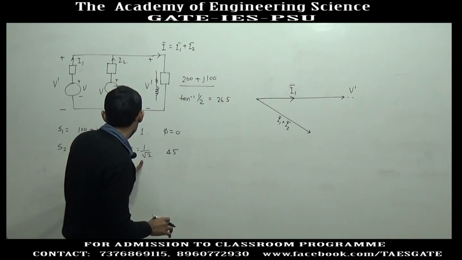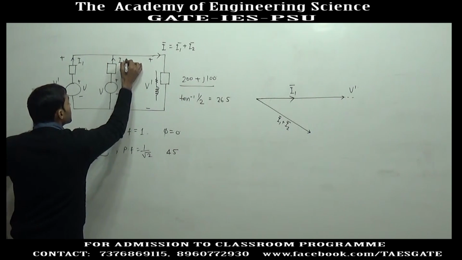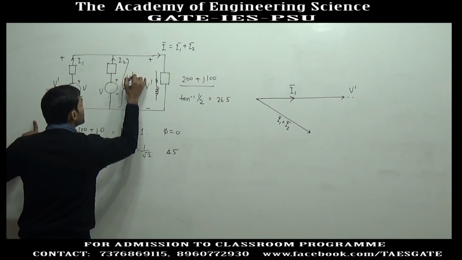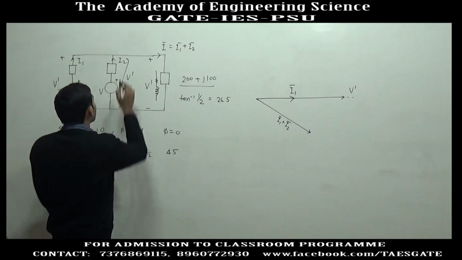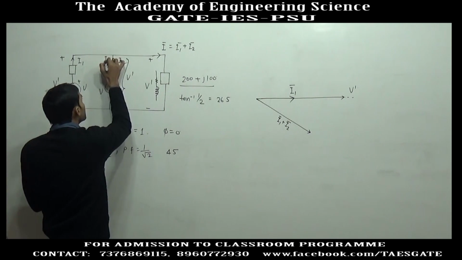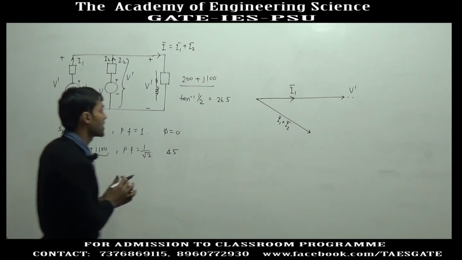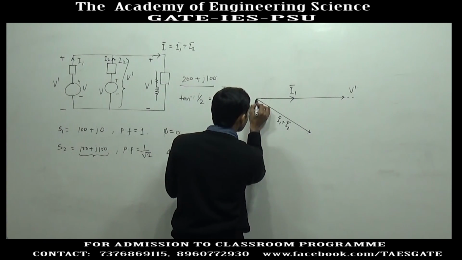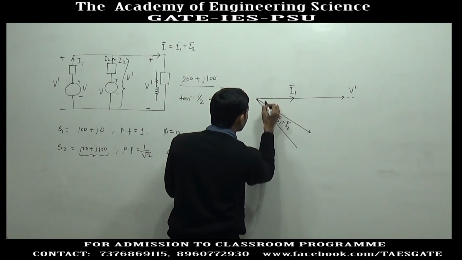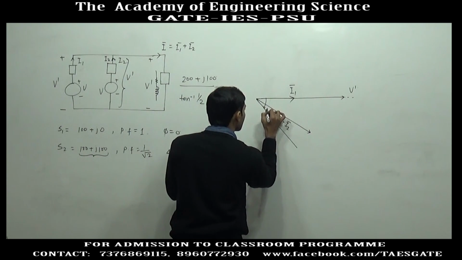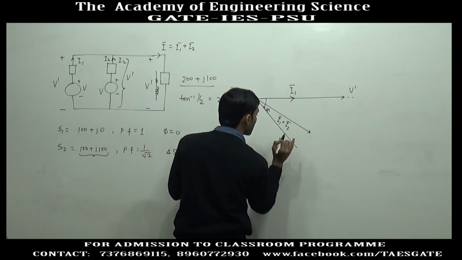Here the terminal voltage of generator 2 is V dash, and the current supplied by generator 2 is I2. So I2 will lag V dash by 45 degrees, and this is the direction of I2.